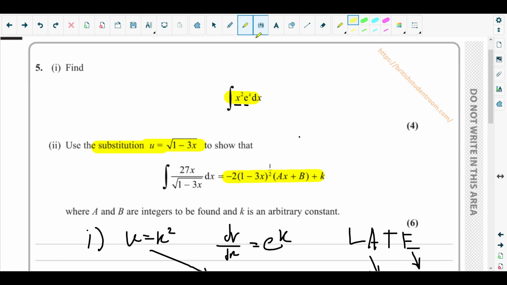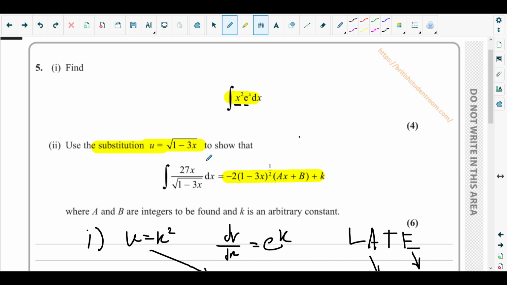Integration by substitution method. So what's our main goal here? The main goal in integration by substitution is that you will convert all of the terms with x to the given substitute. Here the given substitute is u. In that case, we will convert the terms with x all to u.